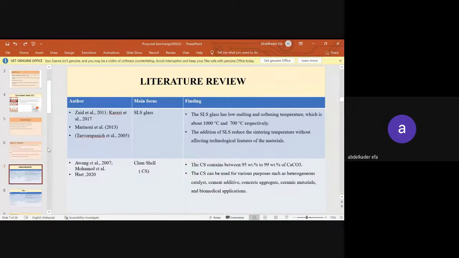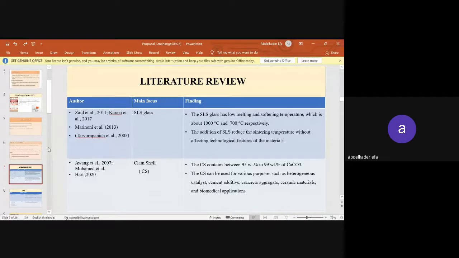SLS or soda lime silica glass has the SiO4 silicate tetrahedra acting as the glass system's main framework. The silica tetrahedra play an important role in network formation. Pure silicon dioxide, known as silica, has a high melting point, around 1,700 degrees Celsius, due to the high strength of the Si-O bond.